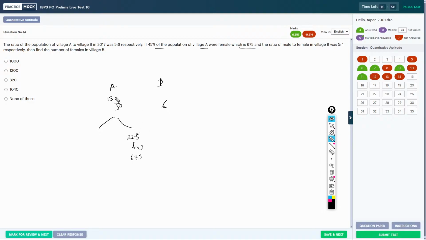The total is 500 women. The ratio of male to female in B is asked. 1800 into 4 by 9. So this is going to be 800, but not given in the option.